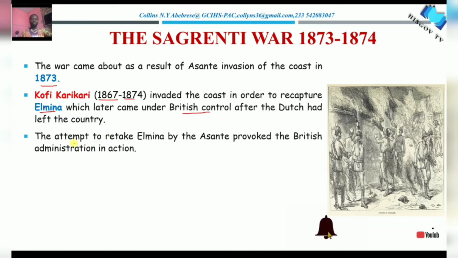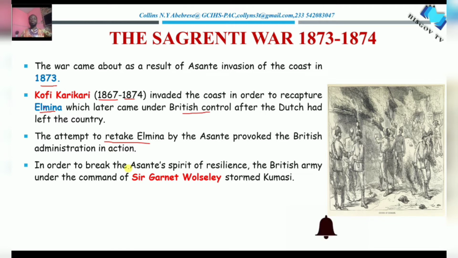So let's look at more. The attempt to retake Elmina by the Asante provoked the British administration.